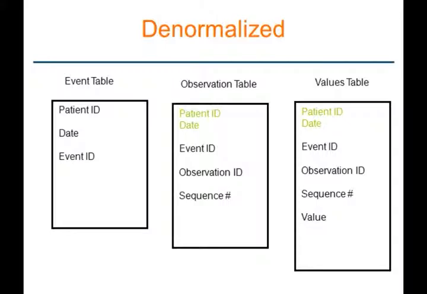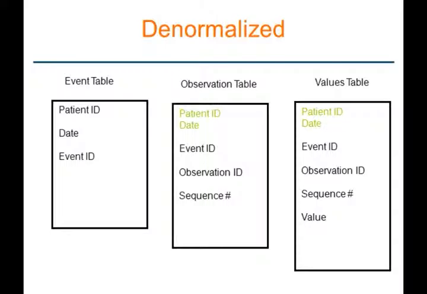I just have to query the values table. So what was a three-table, large table join, is now just running through one table, and it's highly efficient. And I've seen this again in a couple of places where the denormalization had a huge impact on performance.